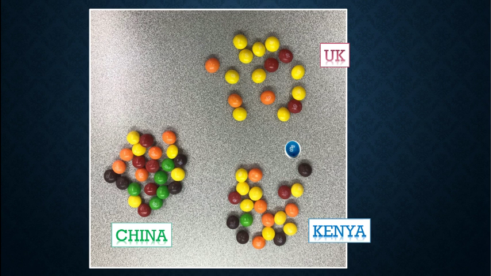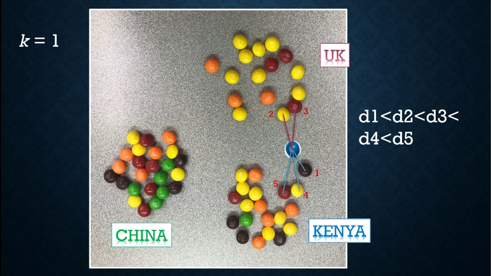For the blue one, there are 5 nearest documents, and the distances from the blue one to these 5 documents are ordered from the nearest to the farthest, which means that D1 is the shortest and D5 is the longest. When we select the value of k as 1, which is one nearest neighbor, the blue Skittle belongs to the topic of Kenya because document 1 is the nearest document.